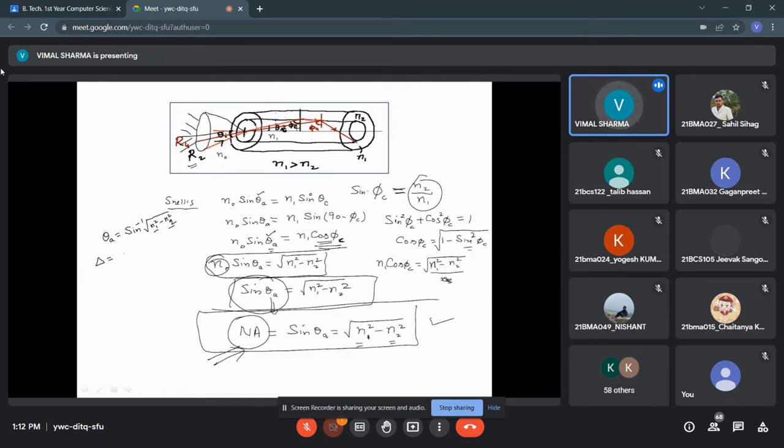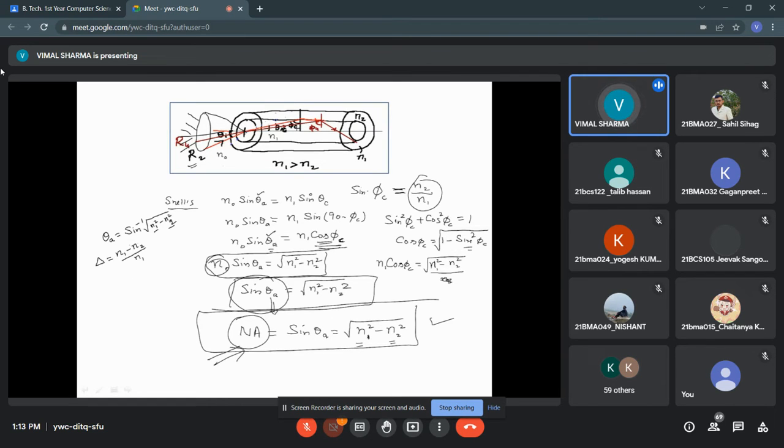What I mean by fractional refractive index change is N1, the refractive index of core, which is bigger than the refractive index of cladding, minus N2, divided by N1. So this is the fraction of change in refractive index as a ray goes from core to cladding. That's why it is called fractional refractive index change. It is N1 minus N2 divided by N1.